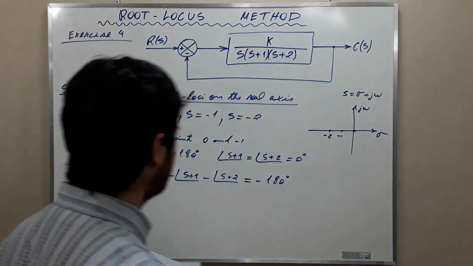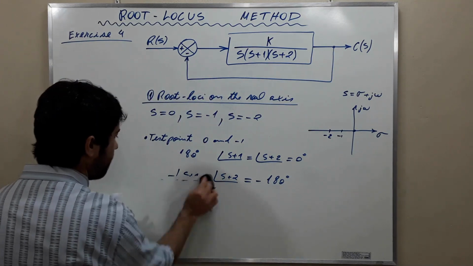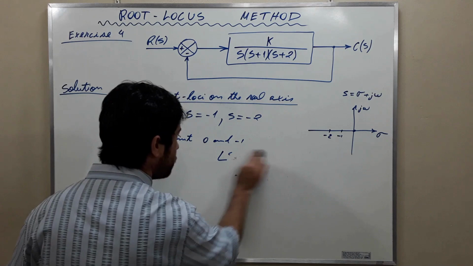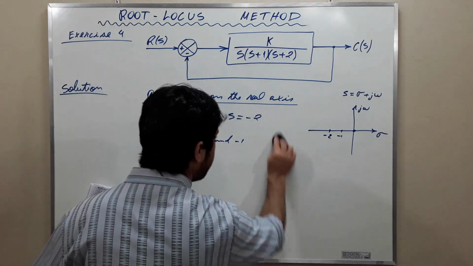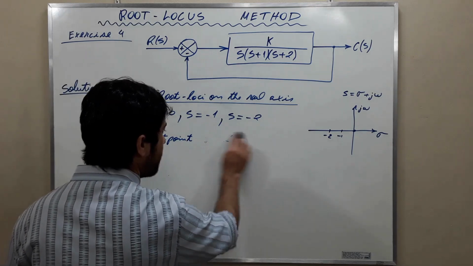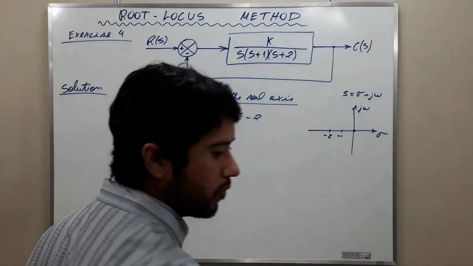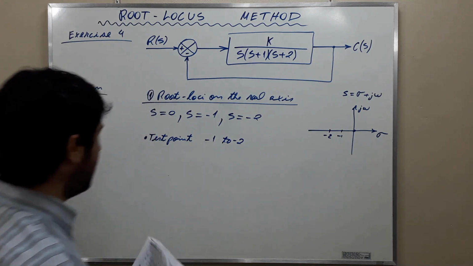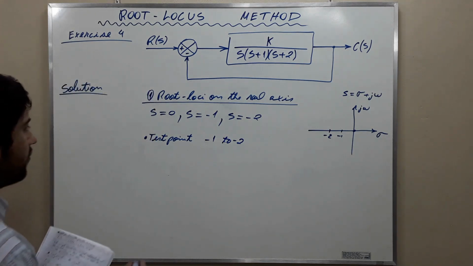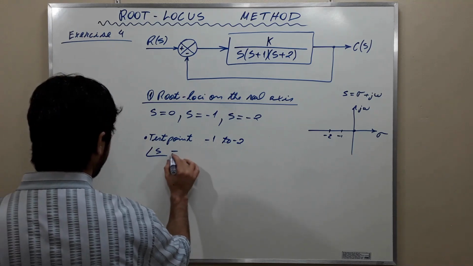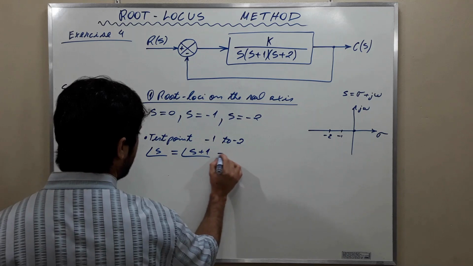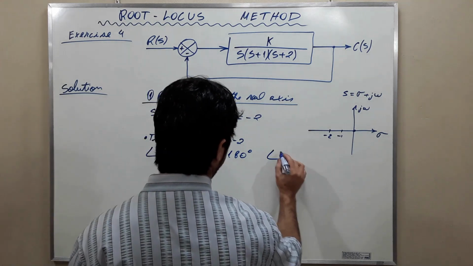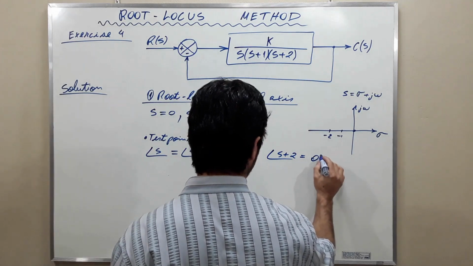We're going to see that the angle of s is equal to the angle of s plus 1, which is 180 degrees, and the angle of s plus 2 is equal to 0 degrees.